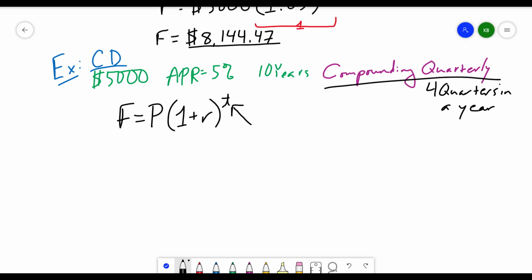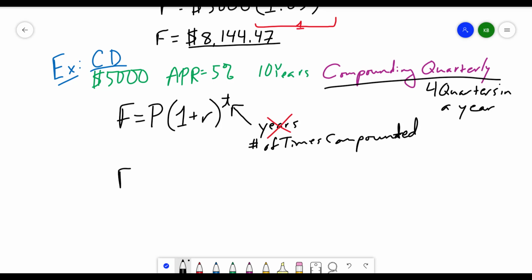So what we're actually going to end up with for our quarterly is, instead of years, like this did represent, now this is going to represent the number of times compounded. And so that we don't get this confused, we'll use a capital T instead of a lowercase t.